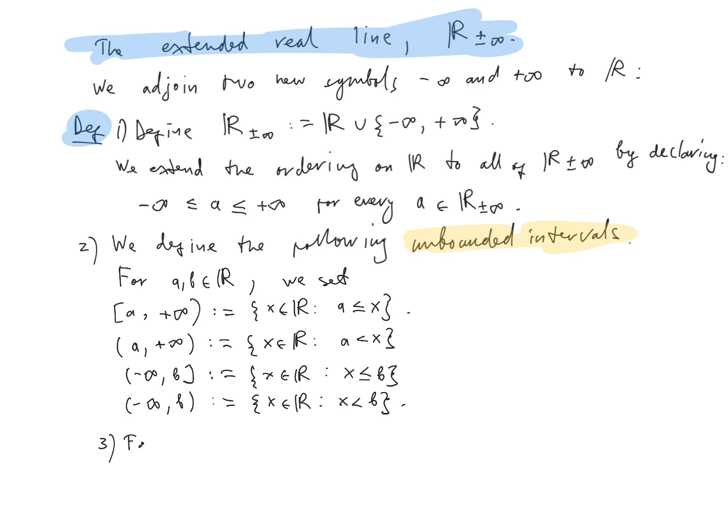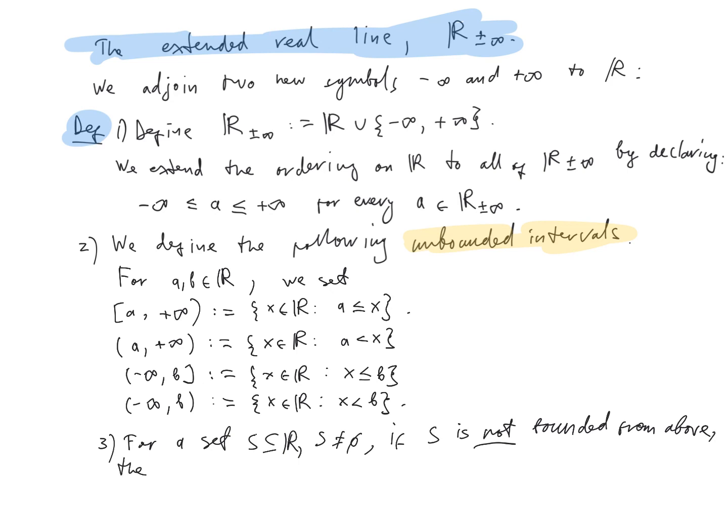So given any set S, a non-empty subset of the set of real numbers, if S is not bounded from above, then we will say that the supremum of the set S is equal to plus infinity by definition.